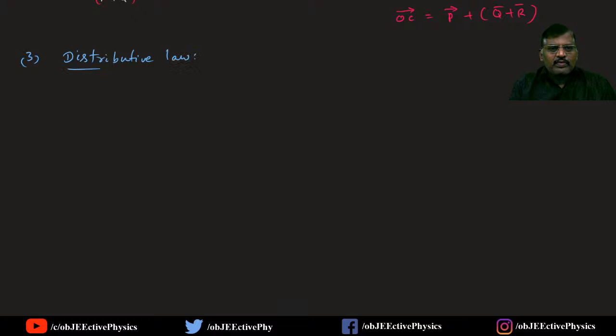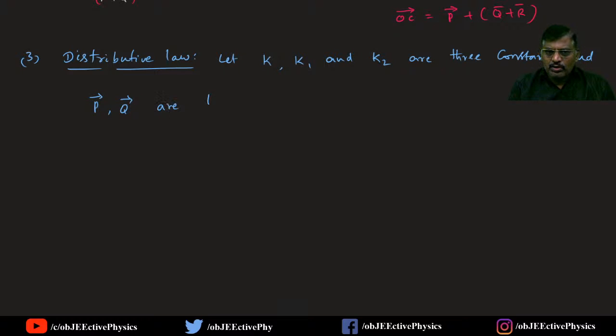Here, let k, k1 and k2 be three constants, and P bar, Q bar are two vectors.